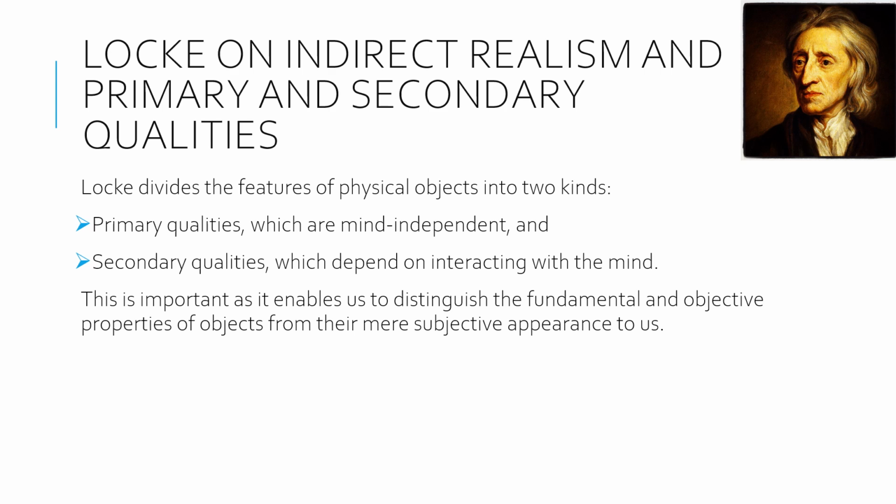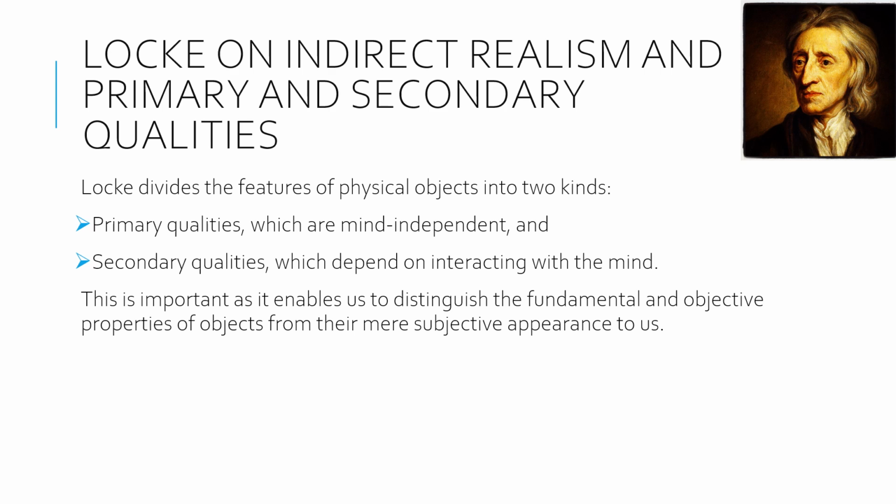As he puts it, those are powers to produce certain sensations in the mind. And he will talk in this case about things like color, smell, and taste as the powers to produce sensations in our mind, which are the secondary qualities which depend on us interacting with the object, whereas the primary qualities are there, as it were, even if no one's around to perceive them.